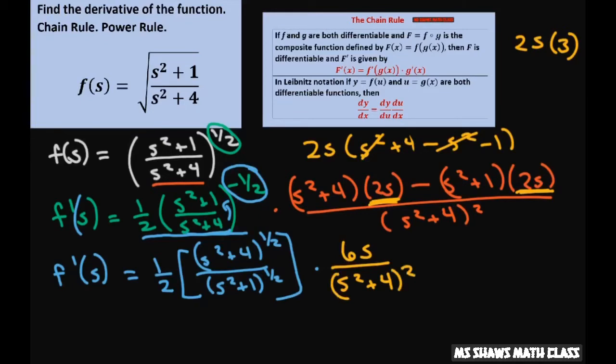All right? Now, notice that, first of all, these are going to divide out. And I'm going to do this on a different slide, but 6s divided by 2 is just 3s. And these two factors are the same.